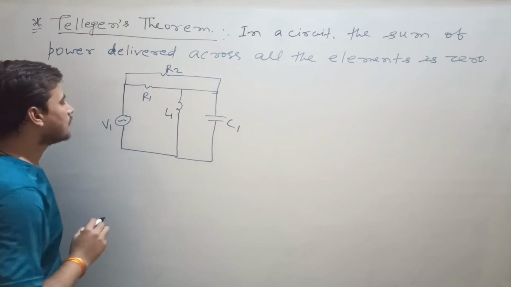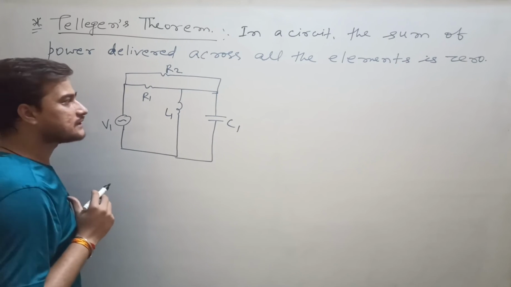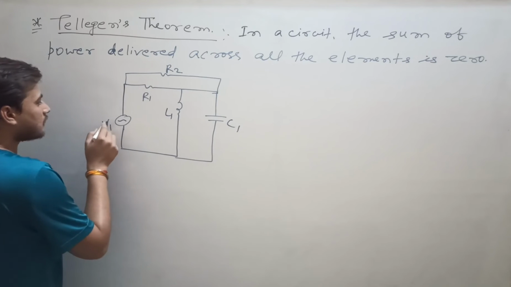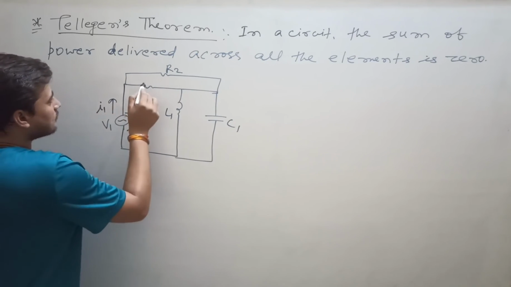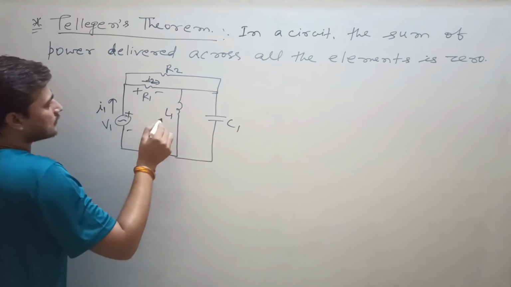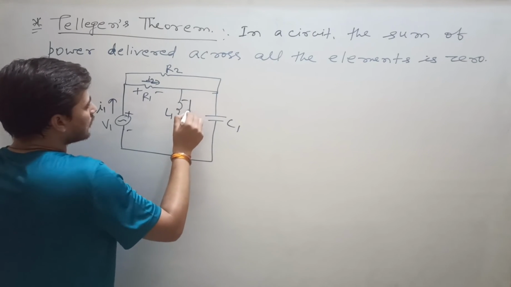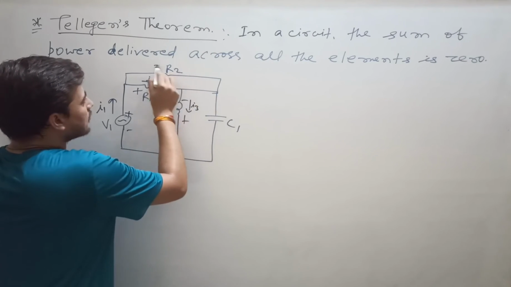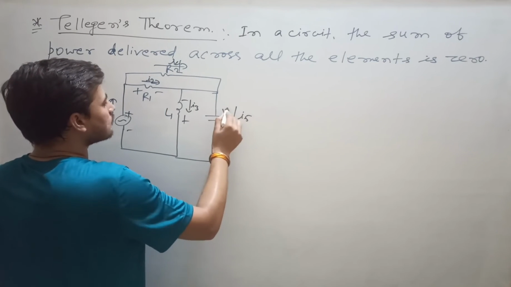Clear? There will be some voltages and there will be some currents across all the elements. Suppose here this is V1, plus minus, and the current is I1. Similarly here the current will be I2, here it will be plus minus. Suppose here the voltage is minus plus and the current is I3. Here the current will be I4, and here the current will be I5 and the voltage will be V5.